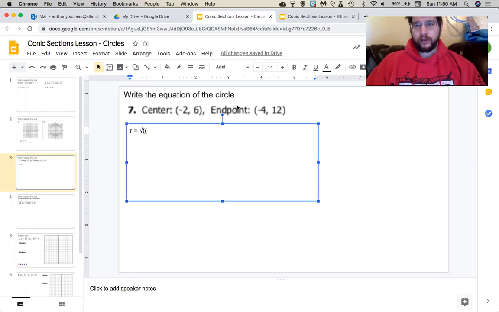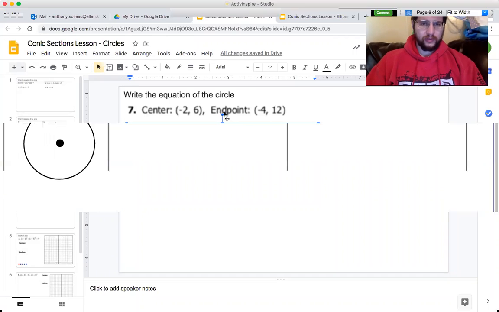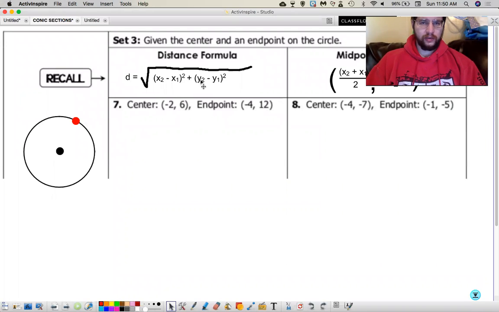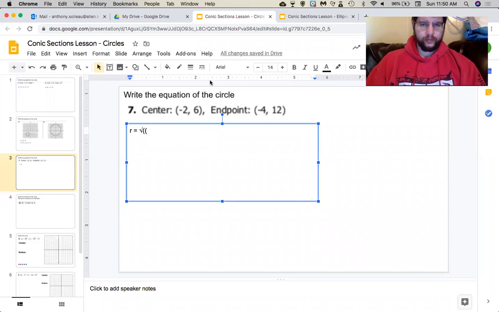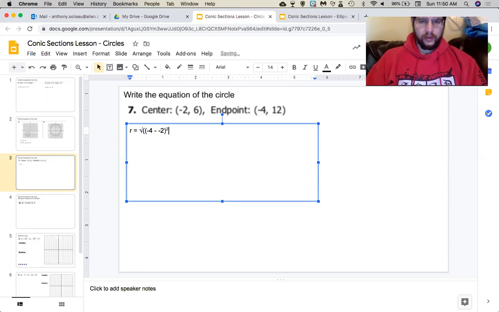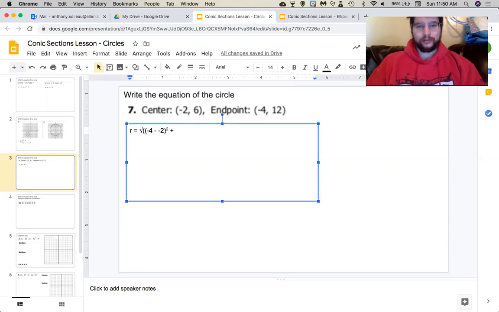X minus x squared plus y minus y squared. That's what it is. That's the distance formula. Right here. X minus x squared, y minus y squared. So -4 minus a -2 squared. The formula does say x2 minus x1, but if you think about it, we're squaring it anyway, so it really doesn't matter.